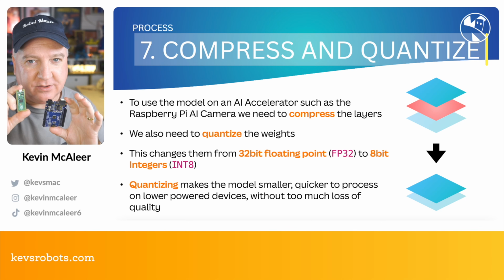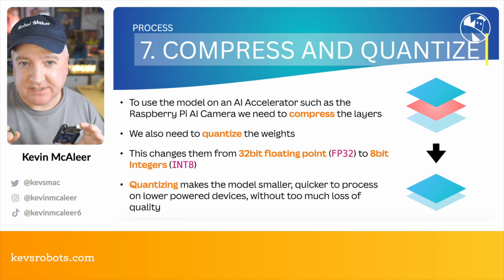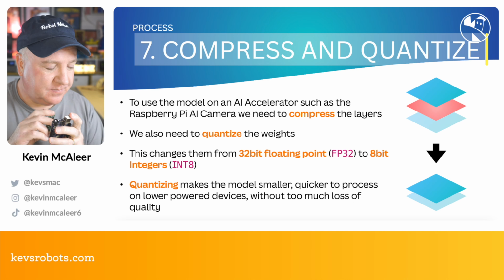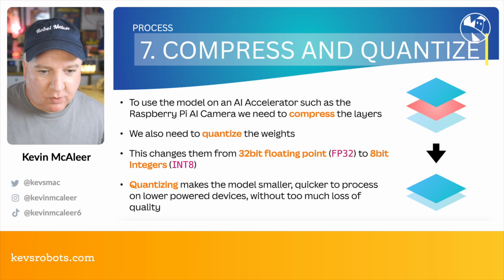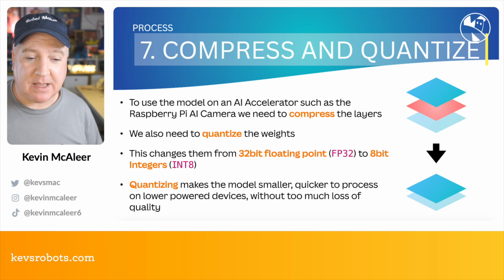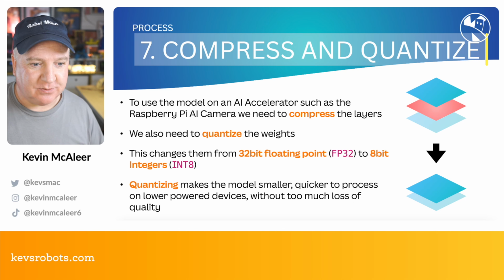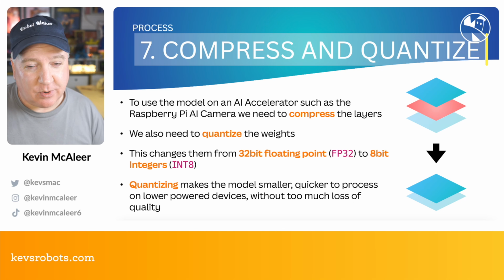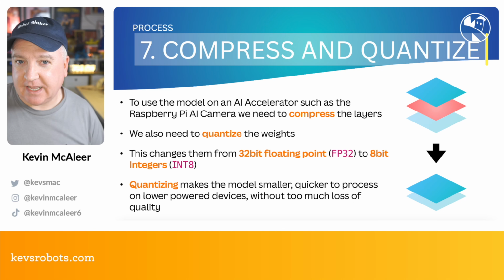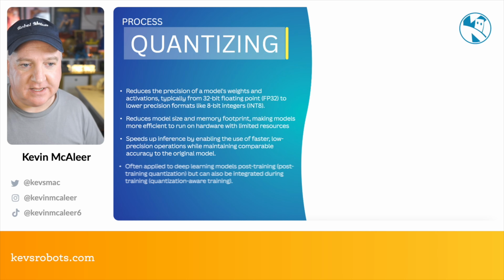So this is like 4 times more capable from a processing perspective than this Arduino Nano. And essentially what we want to do with our model is make it work on really small, less capable devices. So by making it 8-bit integers, that means that our model will be significantly smaller, and we can do that with this quantizing where we don't actually lose a lot of quality. It's surprising how well the model will work with that lack of granularity there. So that's the compressing, and here's the quantizing.